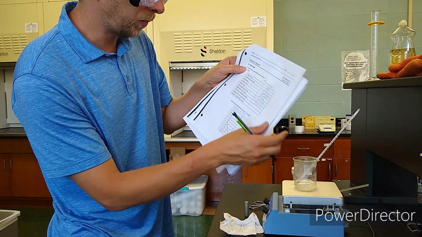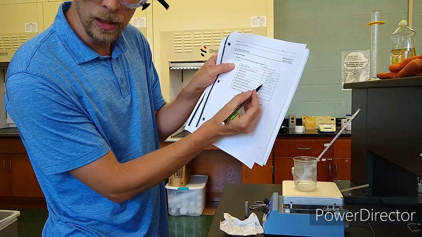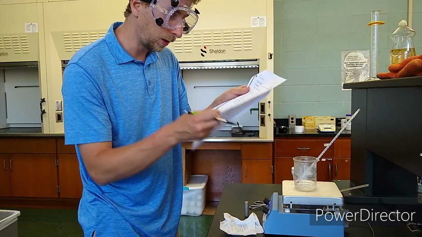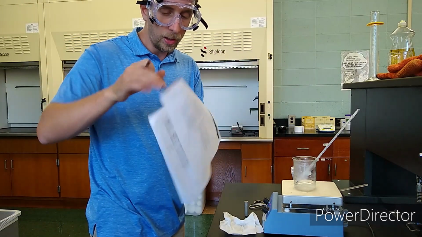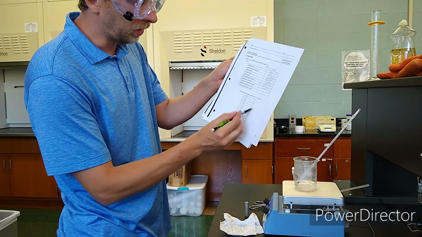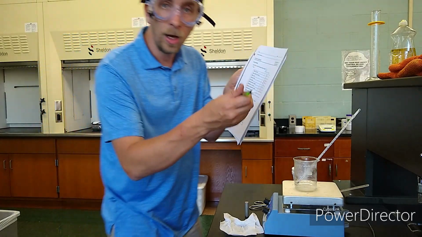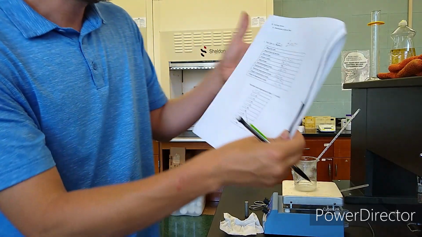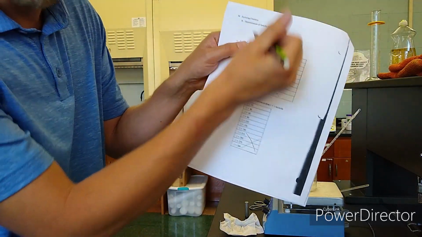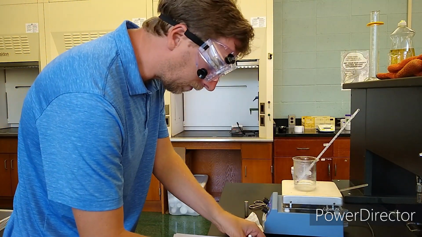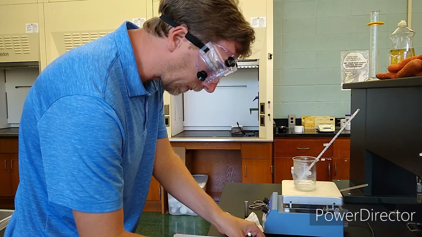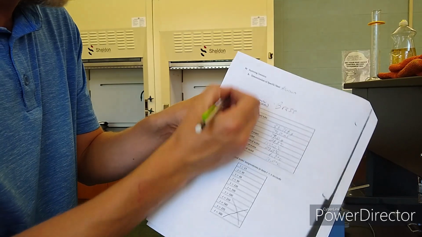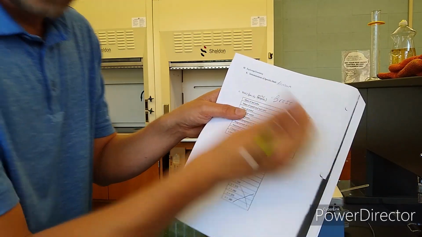Make sure that you go through, you do the change in temperature of the water for the aluminum, you do the change in temperature of the metal for the aluminum, just like we did a second ago, and then you come over here, and you can write the calculation down here, okay, for the specific heat. When you turn the page, it says determination of specific heat. For us, it's going to be aluminum. Okay? Determination of specific heat of the aluminum. That's from the previous set of data.